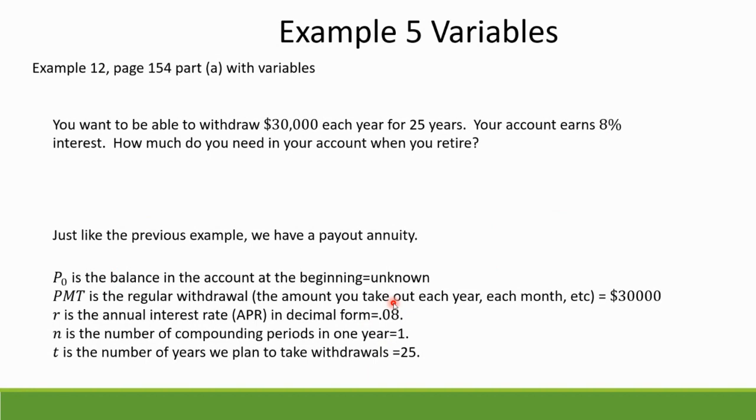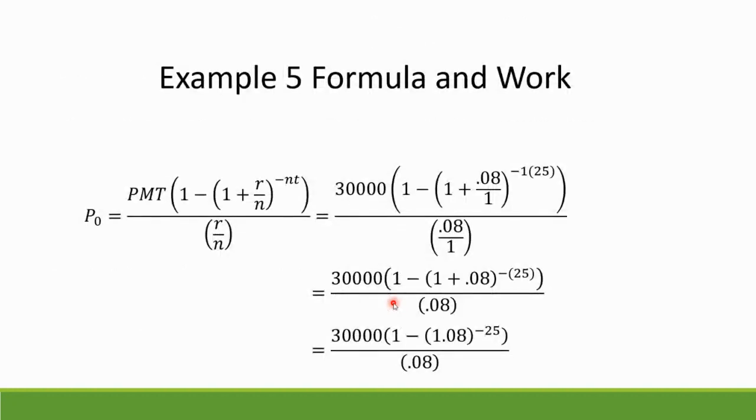That's once a year here, as we're told, mostly because we're assuming that it's compounded as often as we're making deposits or withdrawals. We're withdrawing money once a year, so it's compounded once a year. And T is how many years this is going on for. In this case, we get 25 years.